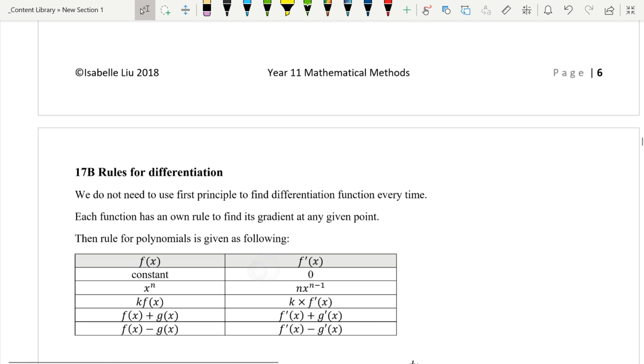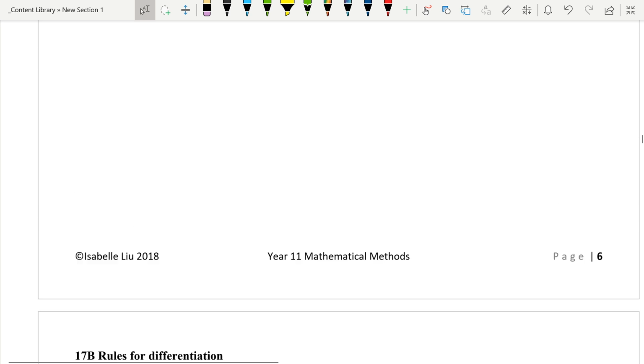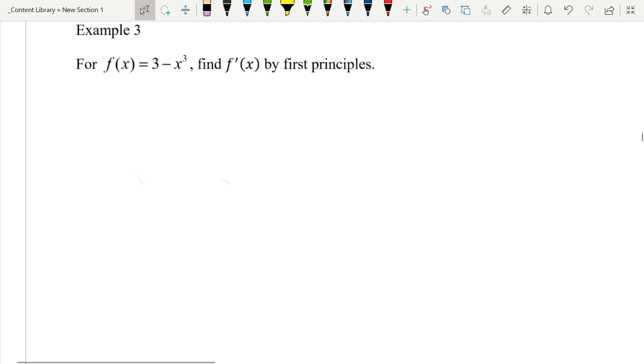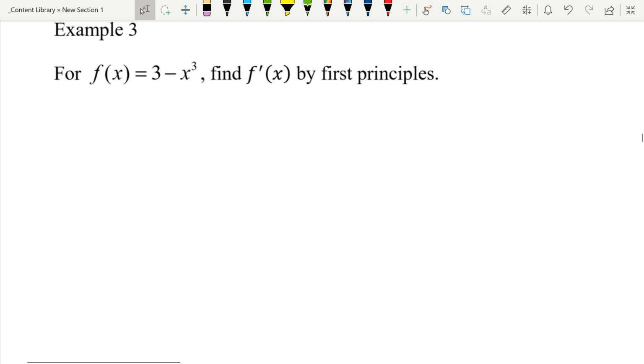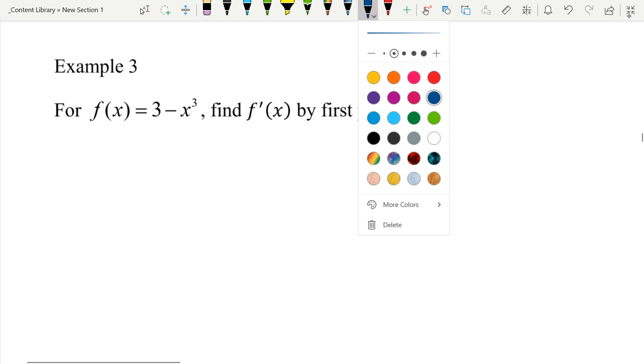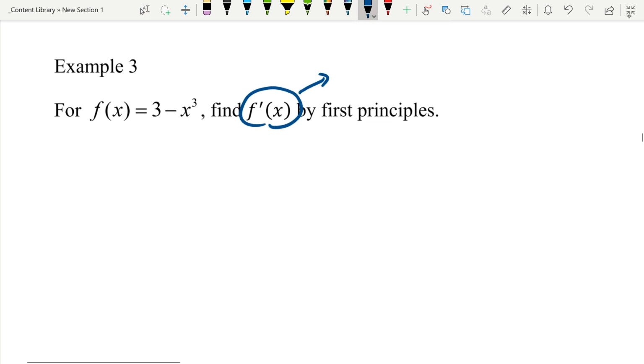Let's just have a look at page 6, example 3. I want to use first principle to work out the gradient function. I want to find what f dash x means. f dash x is the gradient function.